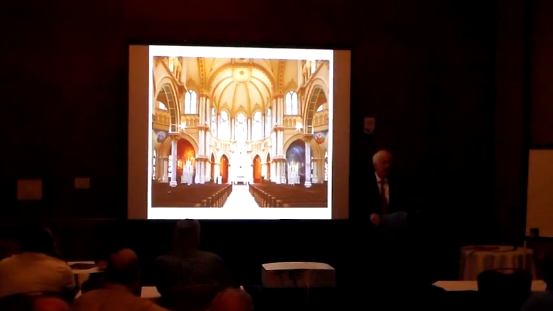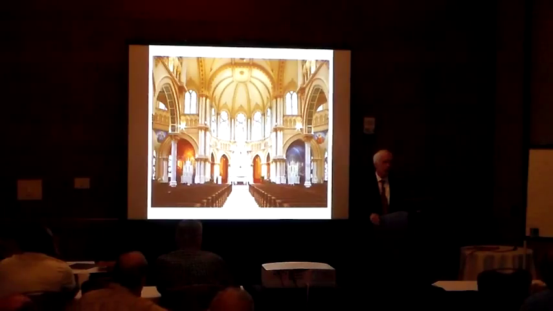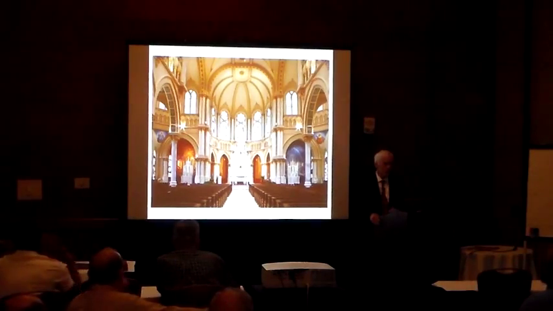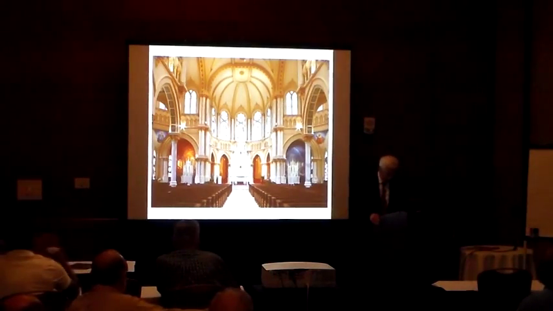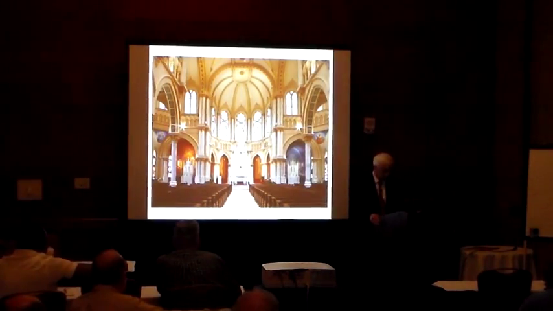Can you go back to the picture? I had the opportunity to remodel that church on the occasion of its 100th, or restore it. I'll get to that in a minute. What's the name of it? That's St. Joseph's Church in Macon, Georgia, and it is a phenomenal church.